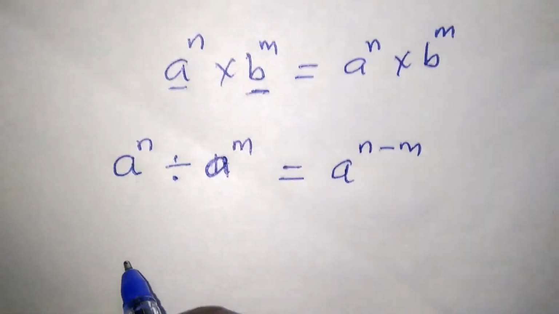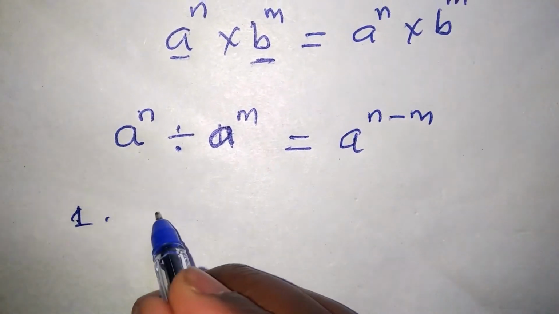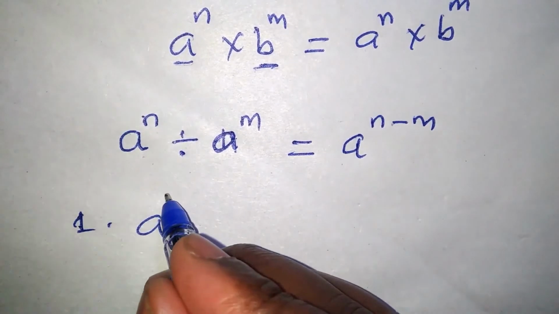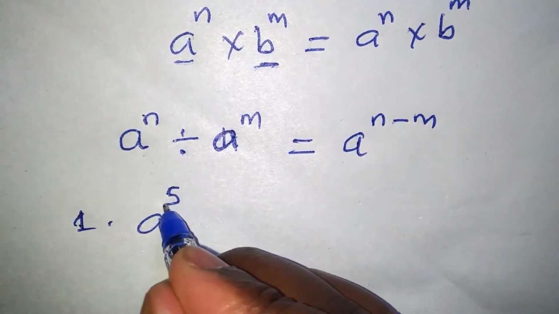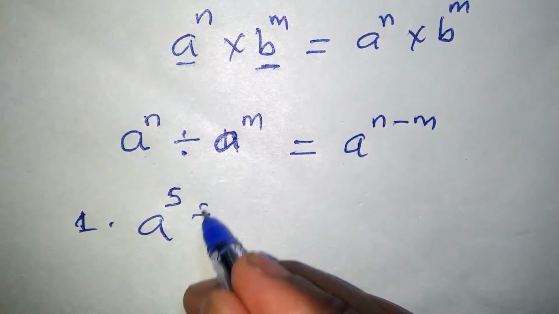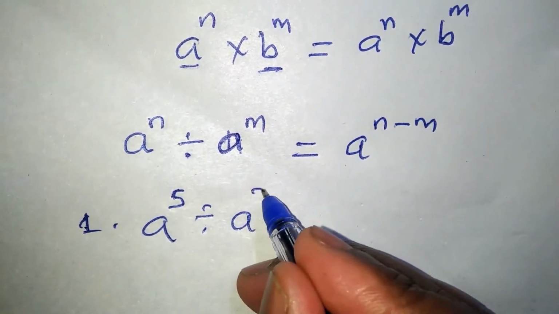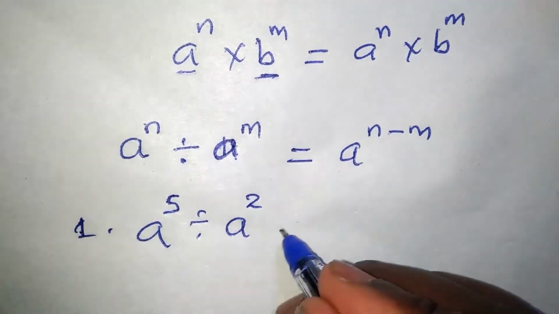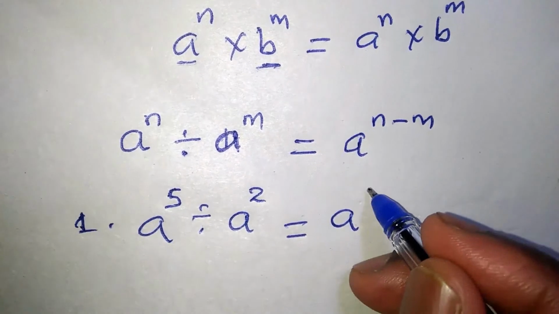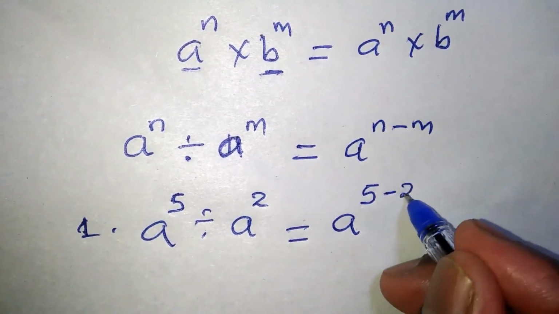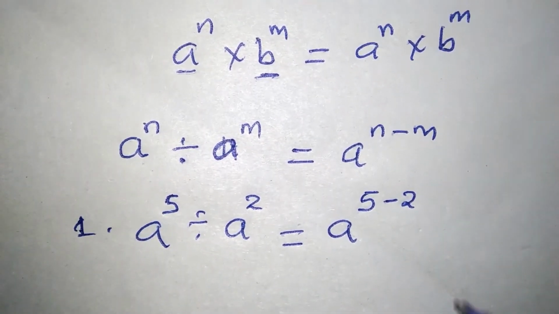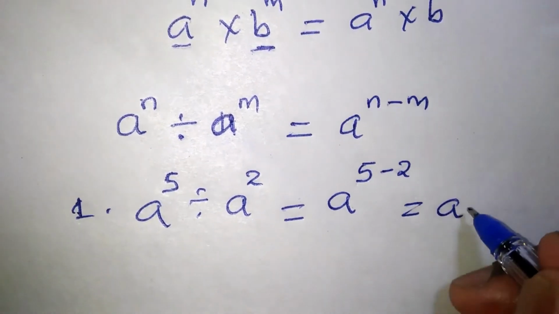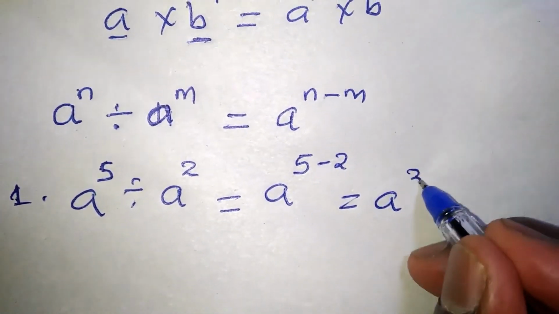Now, examples: a raised to 5 divided by a raised to 2. This comes to a raised to 5 minus 2, which is equal to a raised to 3.